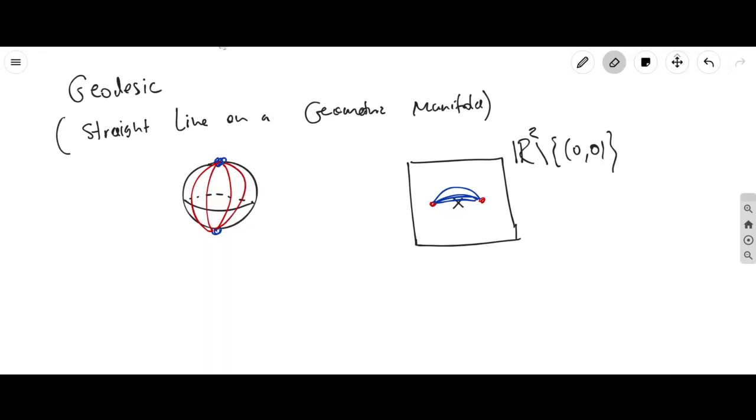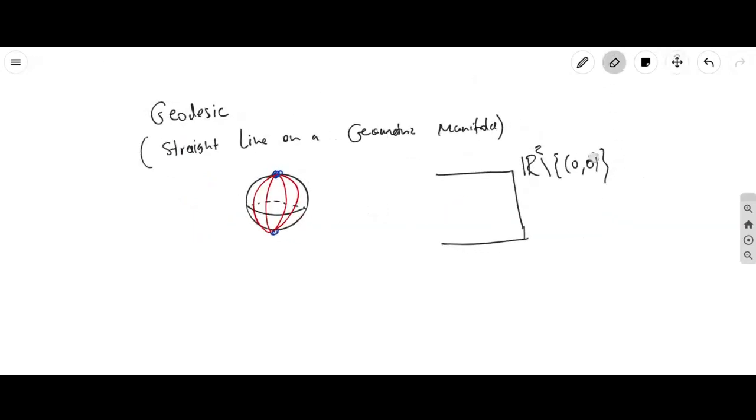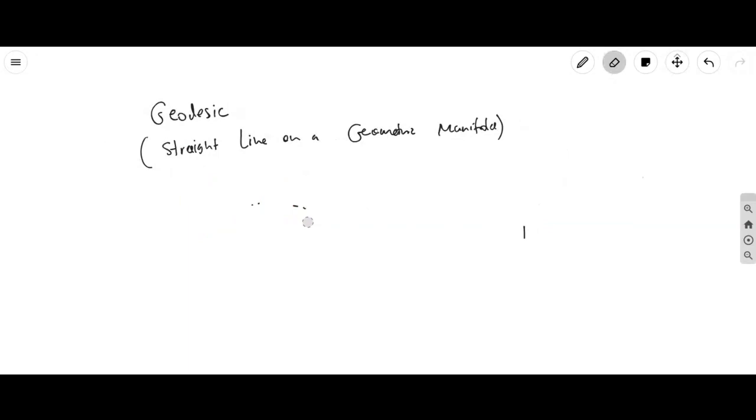It's just that the geometry of the flat plane happens to be quite nice. It happens to be very basic and simple, that you can get away with it. But in general, it's not going to work. But there is a nice fact about geometric manifolds, which is that they locally have geodesics.